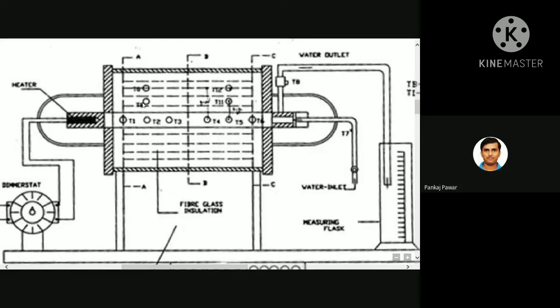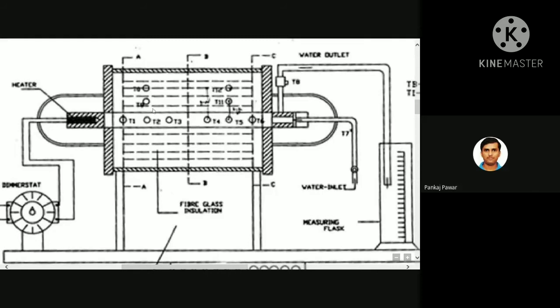So T9 and T10 are located in the AA and BB section. Similarly, T11 and T12 are located in the BB and CC section. Out of that, T9 and T11 are located at a radial distance of 50 mm from the center of the metal rod.